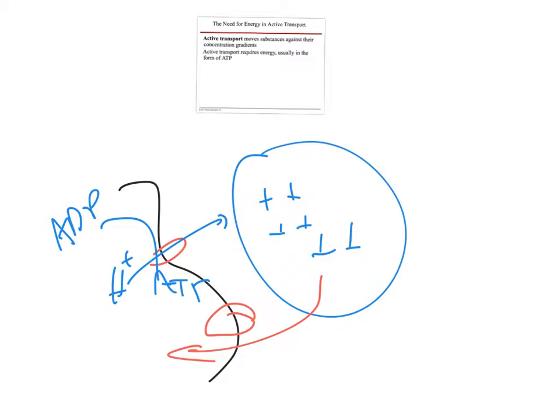It seems inefficient, but it actually is used. A lot of times these proteins can't do two things. They can bind something that's going to be pushed in, but it can't hydrolyze ATP. See what I'm saying? So this allows something to happen that the protein doesn't have the function for.